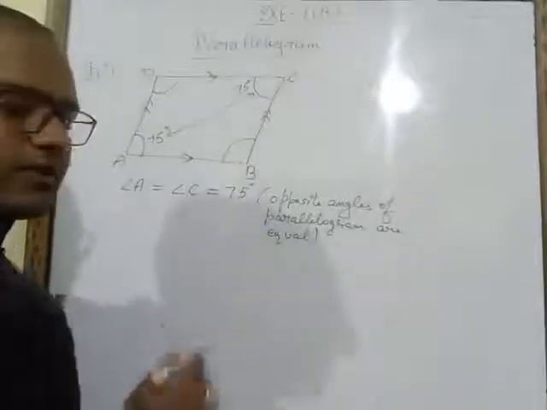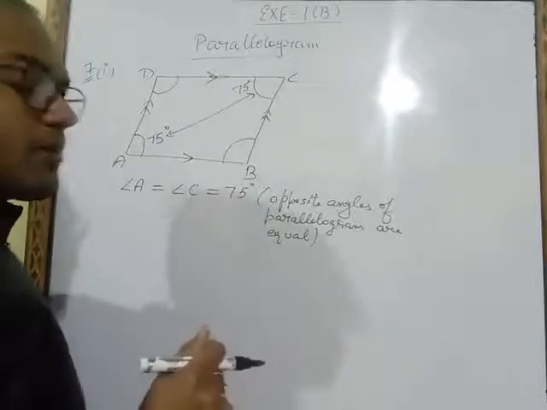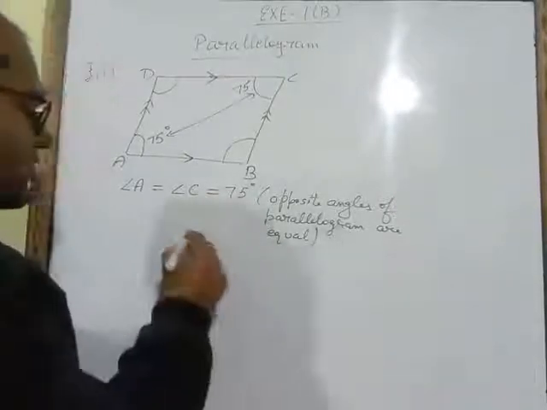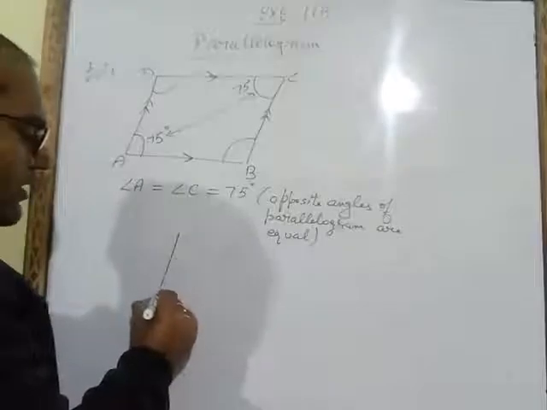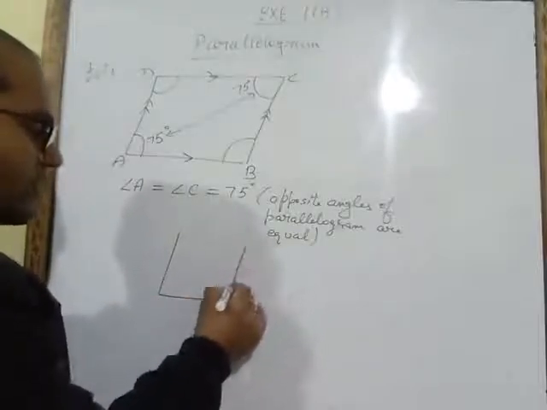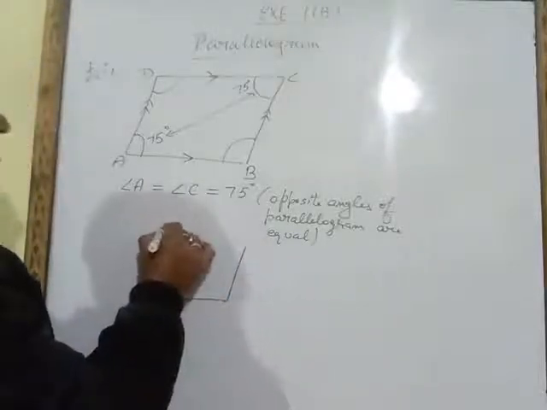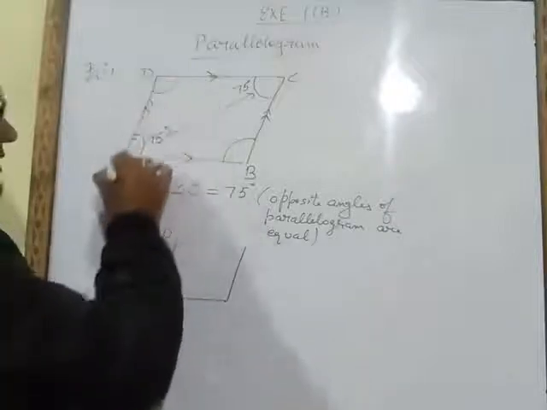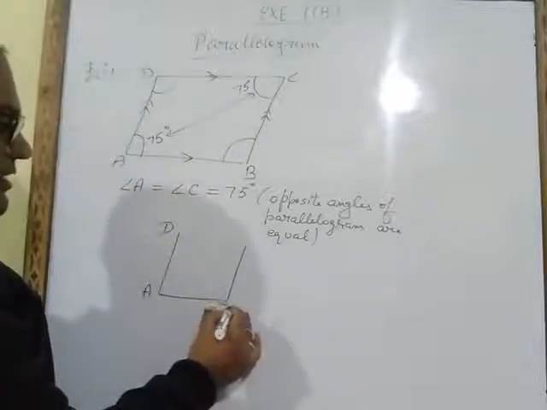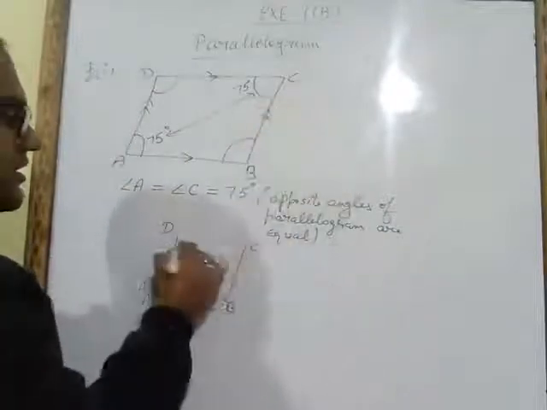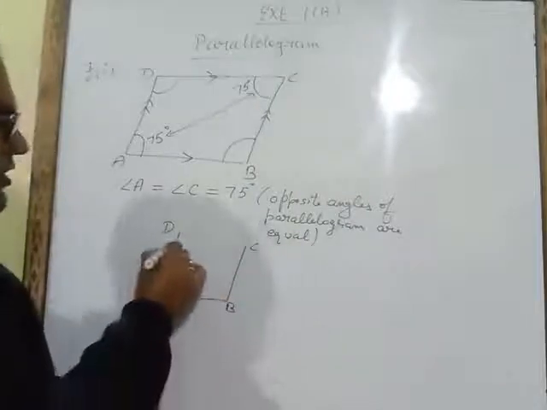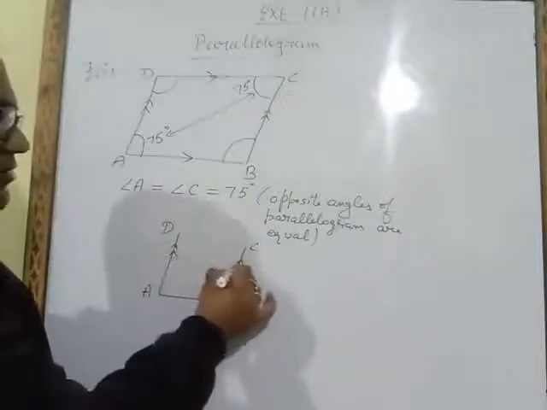In order to find it, we have to use the properties of parallel lines. Here we will use the co-interior property. What is the co-interior property? Here I am making one figure D, A, B, C. This is a U-shaped figure and both these lines are parallel to each other.